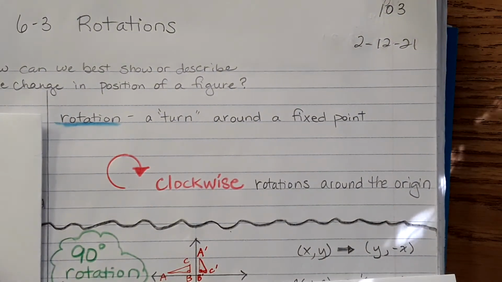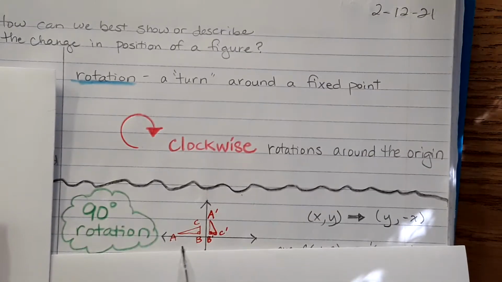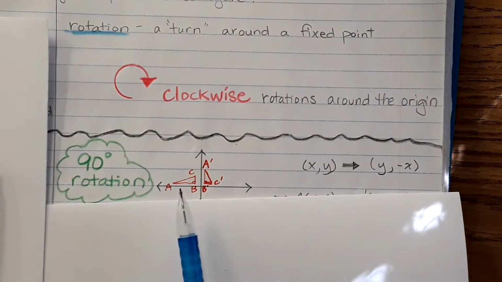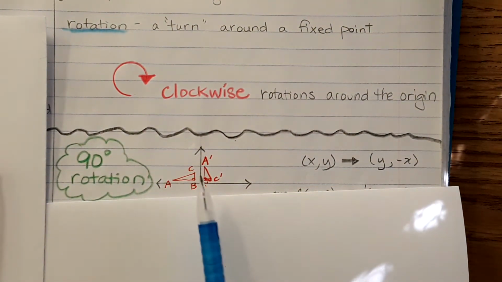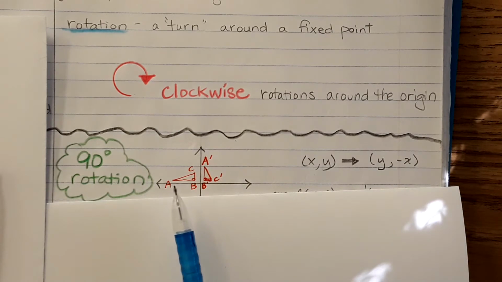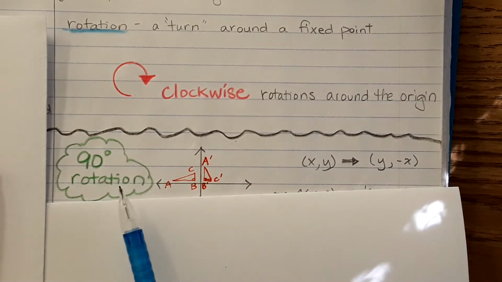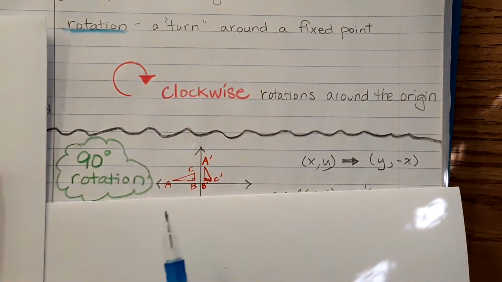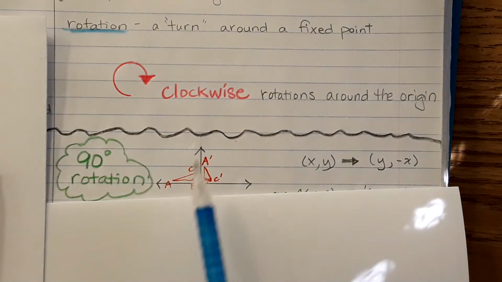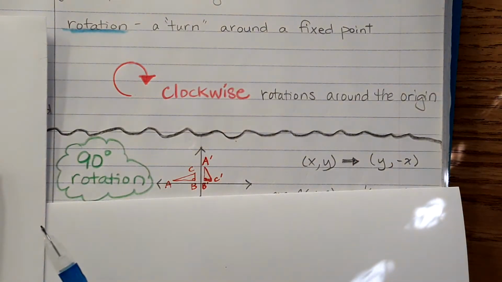So clockwise goes in the direction of a clock, or in this direction around the origin. For example, if we had this pre-image, and I know it's a pre-image because there's no prime marks, and I wanted a 90-degree clockwise rotation around the origin, it would no longer have A pointing to the left, A prime would be pointing up.